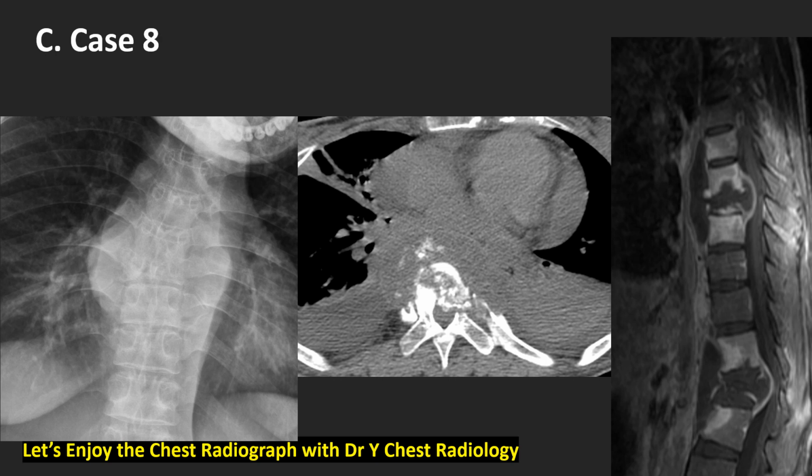In this non-contrast enhanced axial CT, we see the vertebral body destruction, tuberculous destruction with large bilateral continuous abscess, cold abscess, thin-walled cold abscess with bilateral pleural effusion and lung collapse.